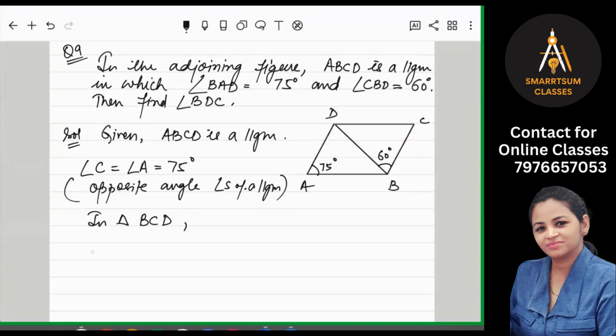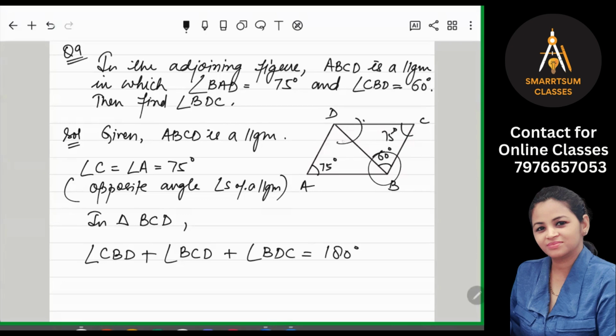So angle CBD plus angle BCD plus angle BDC should be equal to 180 degrees. Meaning this plus this and this should be 180 degrees, right? So one angle is already given in the question, this is 60 degrees. This we have already got, this is 75 degrees. So now you can easily find the third angle of the triangle, right? Okay. So you can find out.